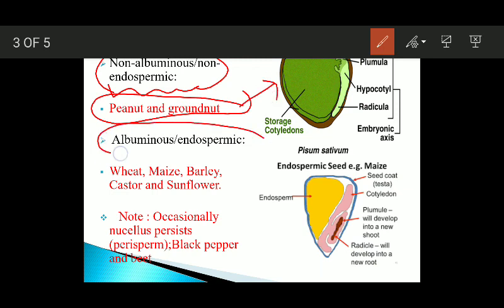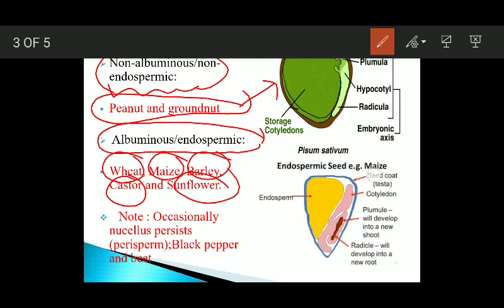The second one is albuminous or endospermic seeds. Albuminous or endospermic seeds, those seeds in which some part of the endosperm is still present when the seed becomes mature. Such seeds are known as albuminous or endospermic seeds. And the examples here are wheat, maize, barley, castor and sunflower.